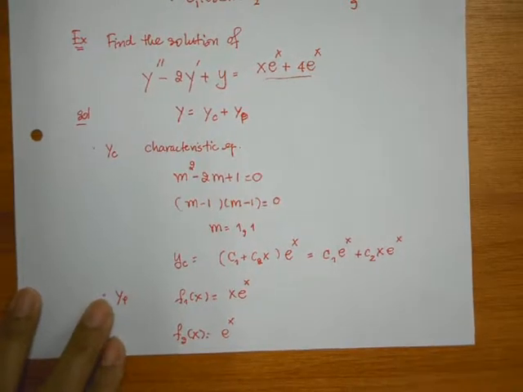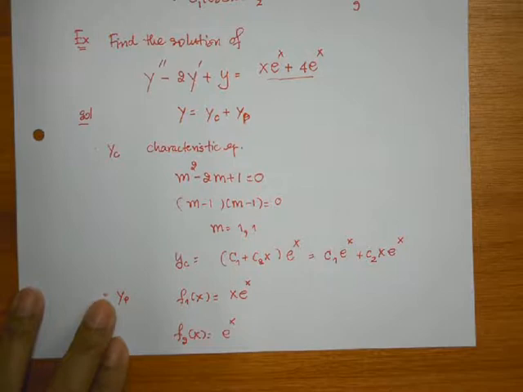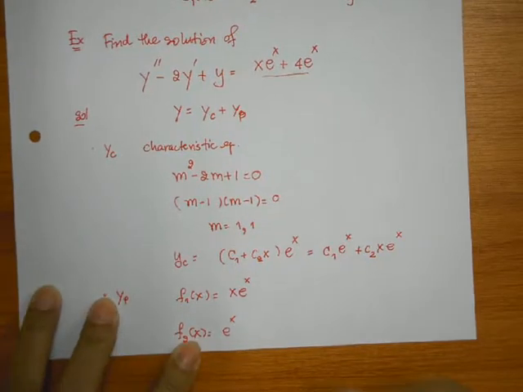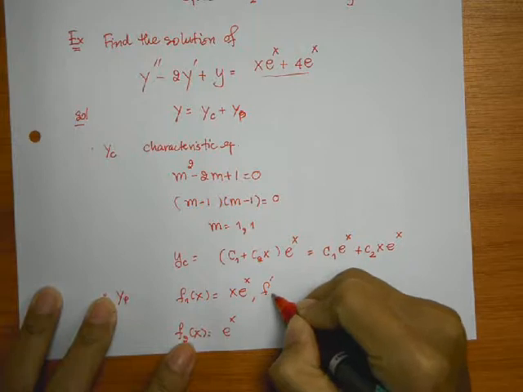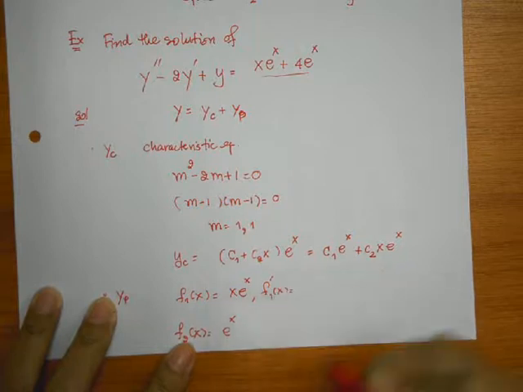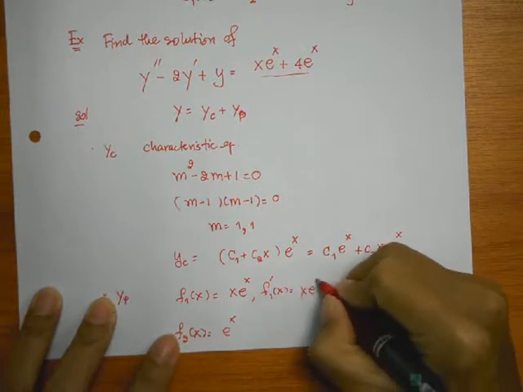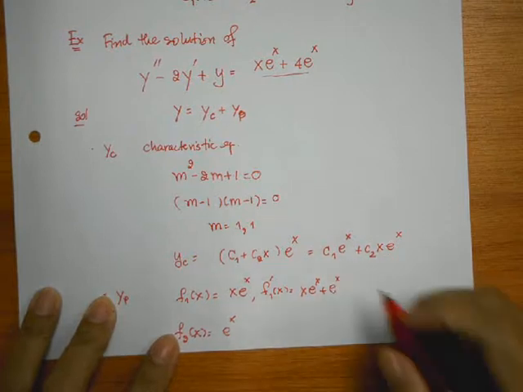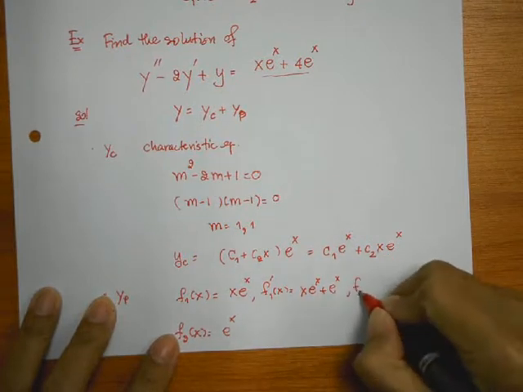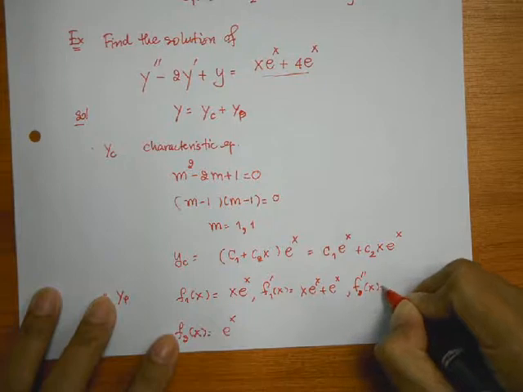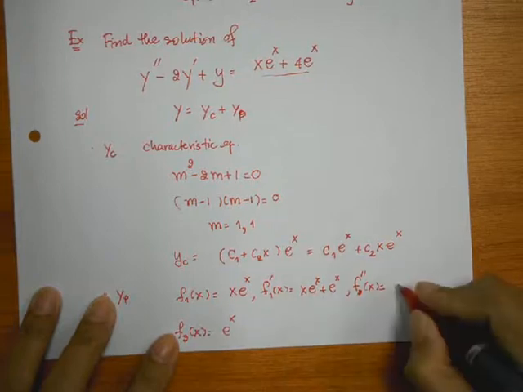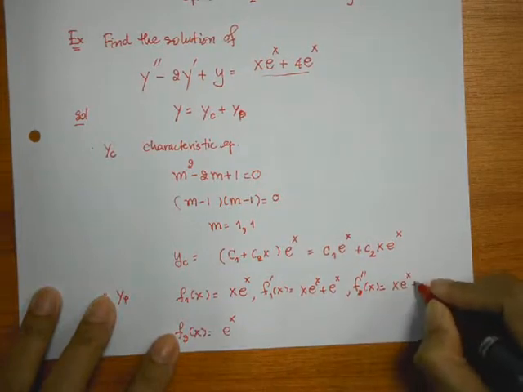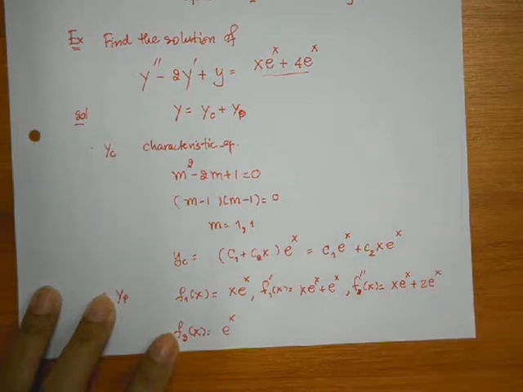Take a look at the first one first. The first one, you do the first derivative, you would get what? Right? And the second derivative of it is equal to, right?